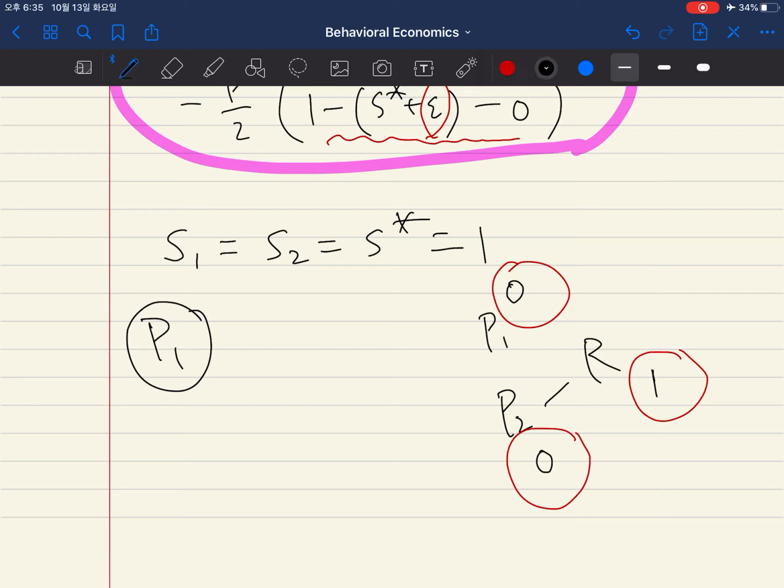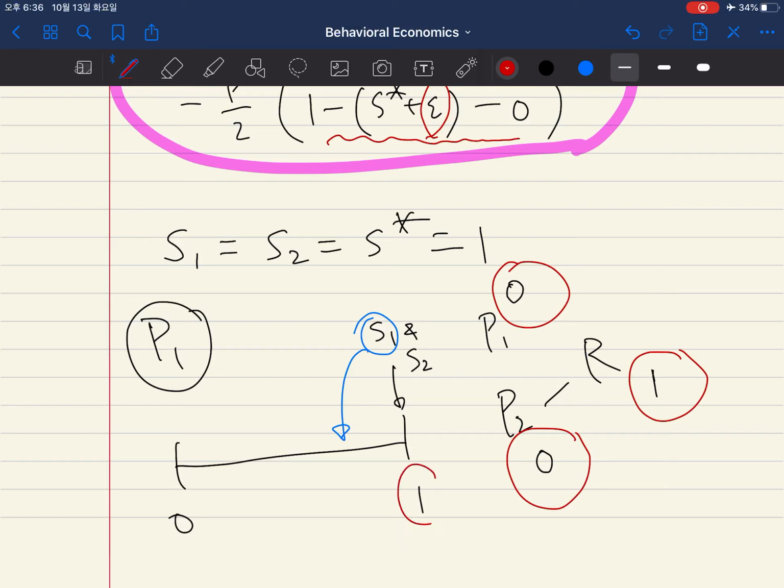In this situation, what if first proposer changes his choice? Under the current situation, both first proposal and second proposal offer exactly 1. So if first proposal changes his choice, it means that now first proposal is gonna offer something less than 1. Then what's gonna happen? Responder is gonna accept the second proposal's offer.